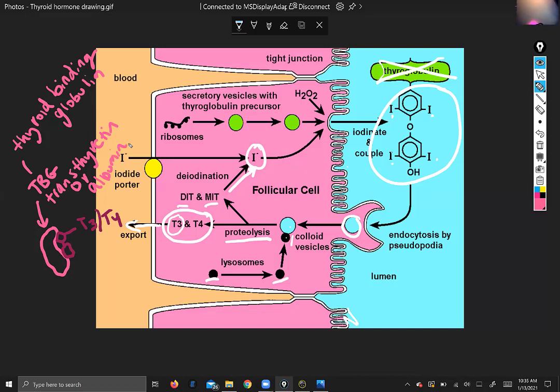So the point of that, without asking you to memorize the names of all of these carriers, because I don't expect you to memorize all of them, the main idea and the important idea here is that once it's released, T3 and T4 have to be carried by a protein in the blood as well.